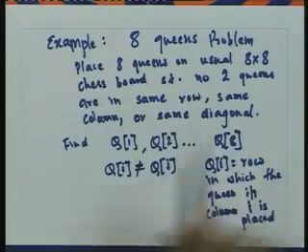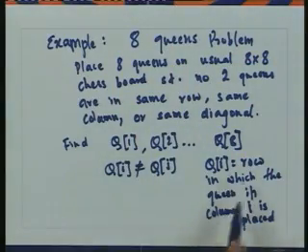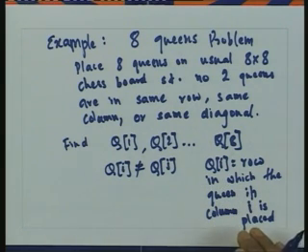But this is not all. We have already taken care of the first condition, that they are not placed in the same row. They are not placed in the same column because we are only defining 8 variables, and Q of i is the position of the queen placed in the ith column, and we are only giving the row.